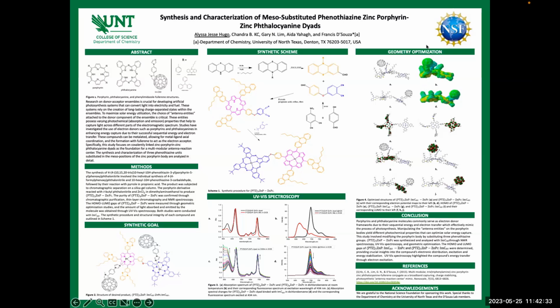And then over here on the geometry optimization, this was run by an analytical chemist in the other side of our lab. So I thought this was really, really cool. I'm not well versed on the analytical chemistry side. They did use a program to create these structures, but this just shows the electron cloud. In other words, the space in which we can find electrons.